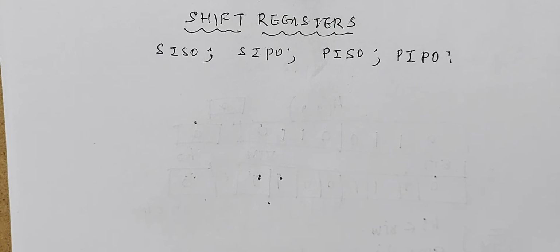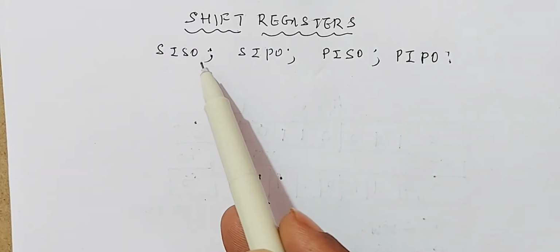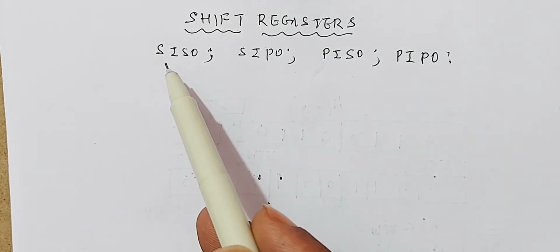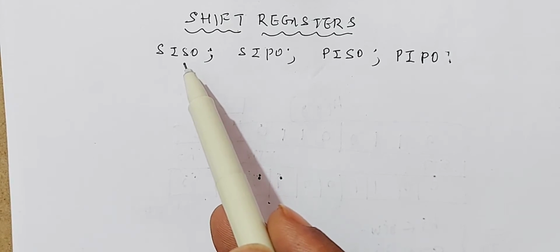We know that we have four types of shift registers, depending upon the input given and output taken from the shift registers. We have already studied two types, namely SISO, serial in, serial out. Here you apply input serially, that is bit by bit, and you take output serially, bit by bit.